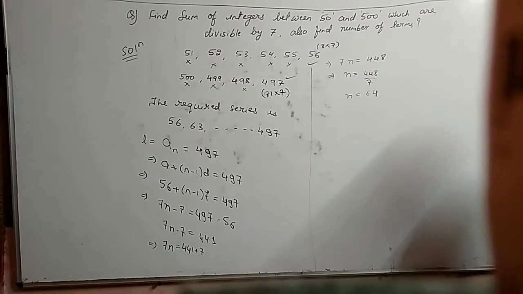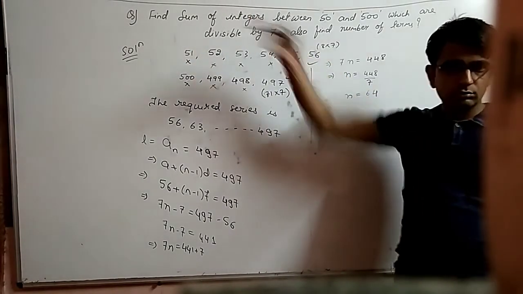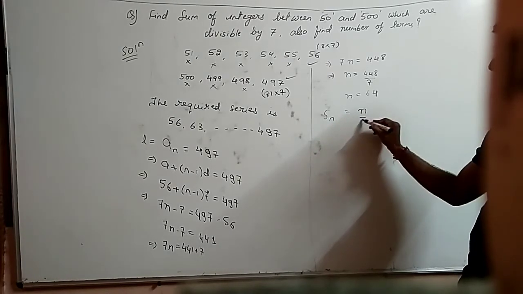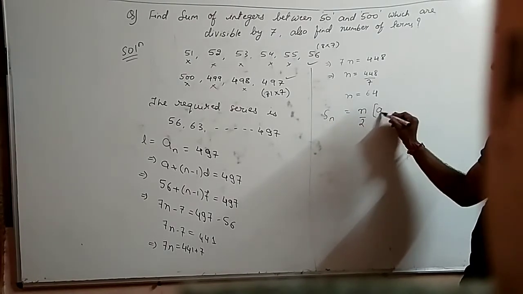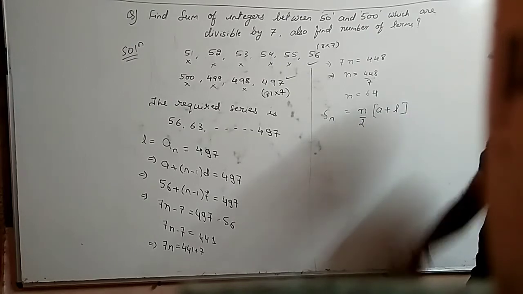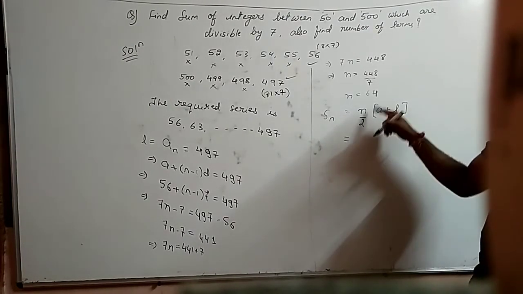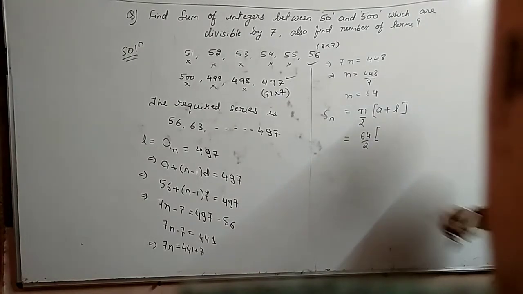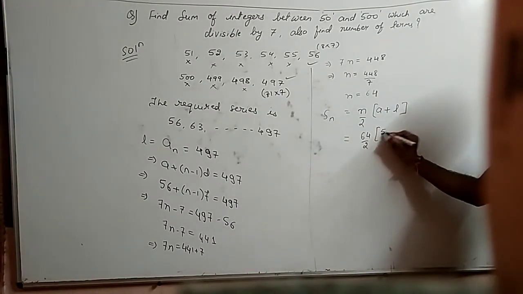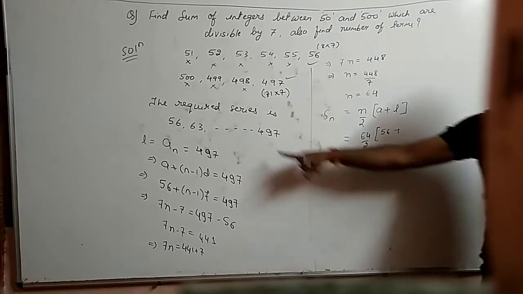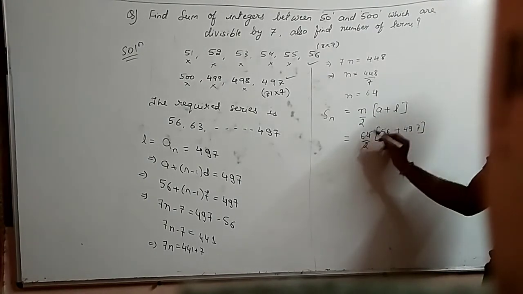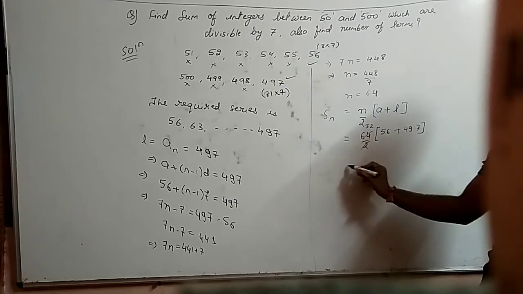Now what we need to find? The sum. Okay, so Sn, we have the formula. Sn is equal to n by 2 into a plus l. So the value of n is 64, the value of A is 56, and the value of L, the last term, is 497. 64 by 2 is 32.